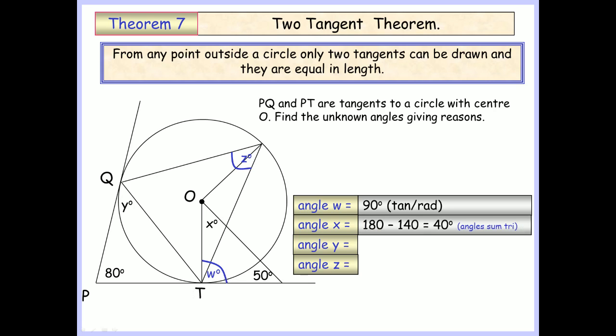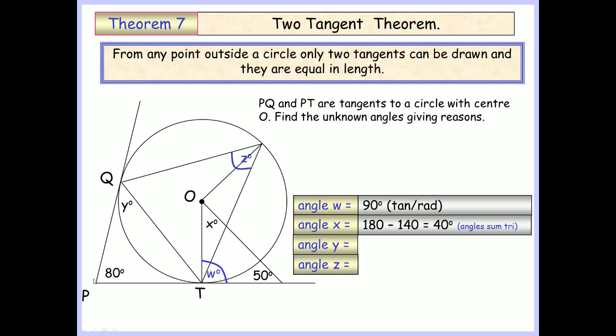With angle y, we have a tangent. Oh, that's not actually right. That's not how we're going to solve that. I thought we were going to use the theorem rule with the angle between the chord and the tangent, but we're not going to do that because that would give me that one. What we're going to use is the fact that we have an isosceles triangle here.